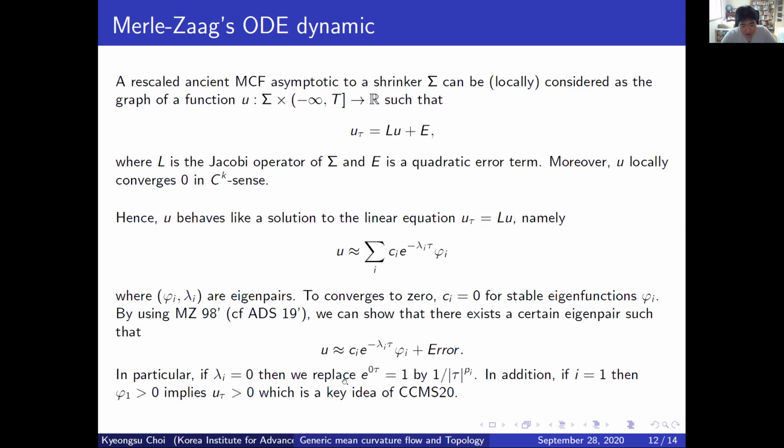We can show that U looks like a leading eigenfunction times an eigenvalue-dependent time function plus some error, especially when this lambda_i is 0. If this is a kernel, then the time function will look like 1 over tau to a power. In particular, in case i equals 1, the first eigenfunction is positive, so you can see that U must be positive.